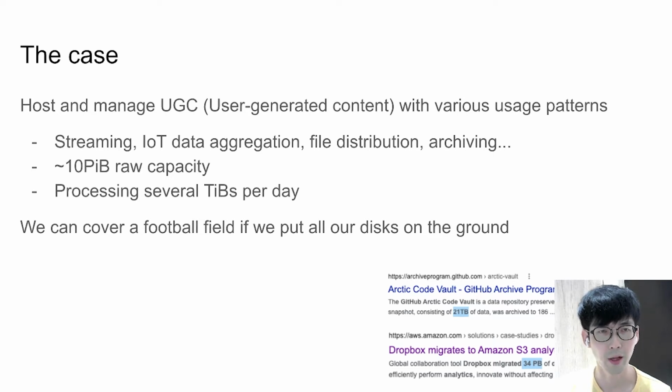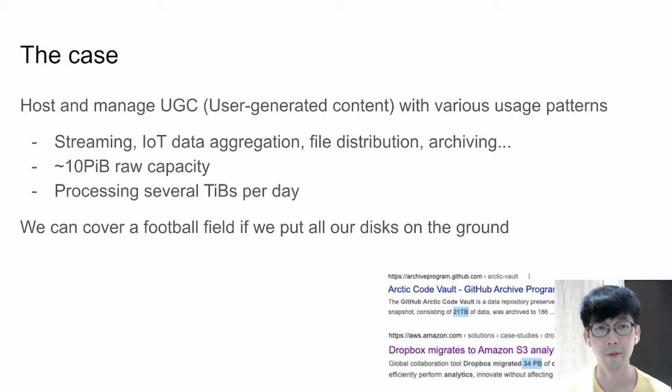In case you don't have a feeling for these numbers, I Googled some comparisons for you. For example, the size of the GitHub Arctic Code Vault is 21 terabytes, and Jaguar's data lake has 34 petabytes of data currently.